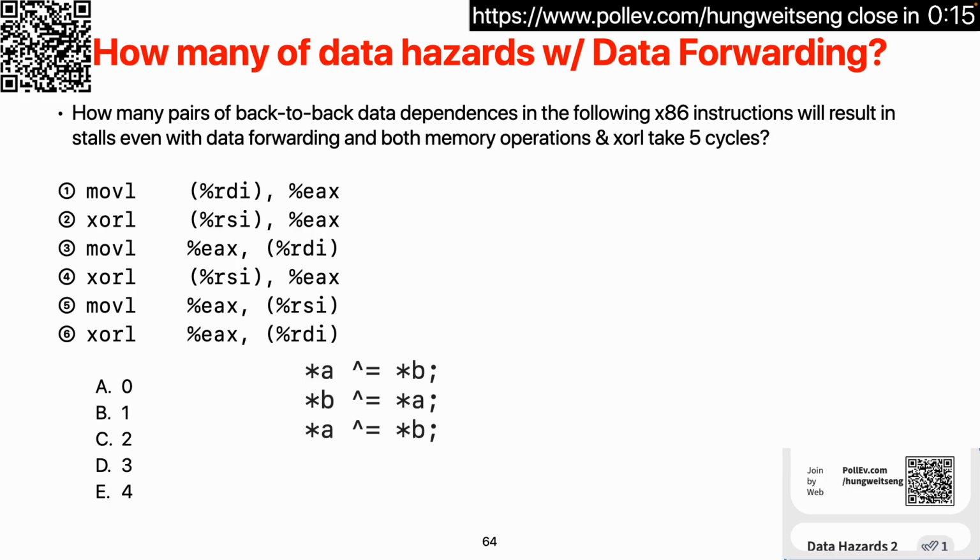So how about the code examples that we have been seeing? Previously with the other version, we see only 1 data hazard with 5 cycles. How about this one? How many data hazards are we going to see?